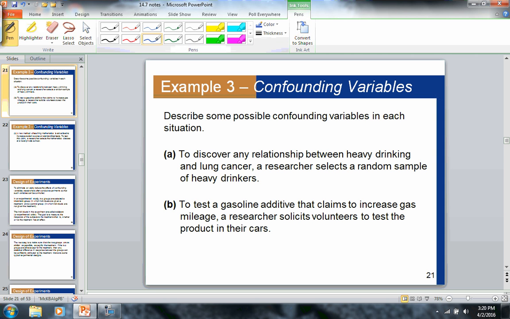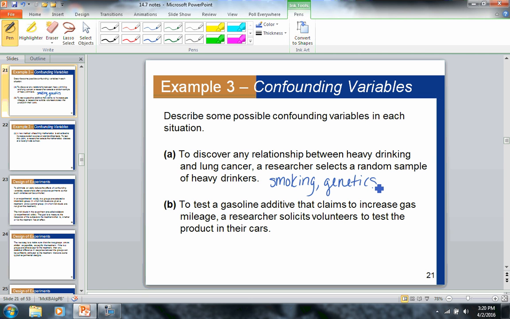Okay, well, the other thing that might cause their lung cancer could be how much they smoke. So the smoking could be a confounding variable. Also, their genetics. Some people are more prone to cancer than others. So those are just 2 examples of some confounding variables. You might think of others that might also be completely correct.